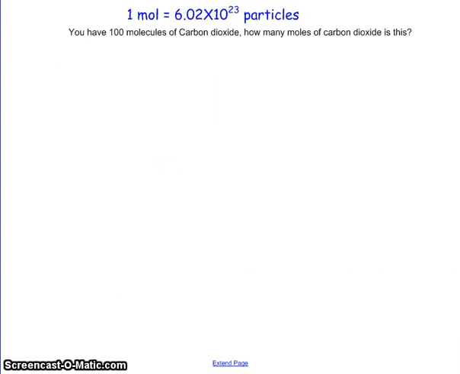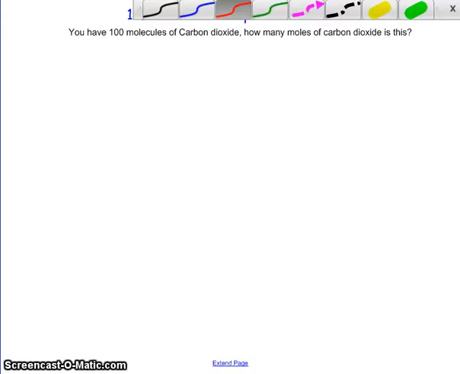Next problem. This time we have 100 molecules of carbon dioxide. How many moles of carbon dioxide is this? Okay. We only have 100 molecules. We need 6.02 times 10 to the 23rd particles to equal 1 mole. We only have 100, so we're not going to be anywhere close to 1 mole. Well, let's go ahead and solve for it.